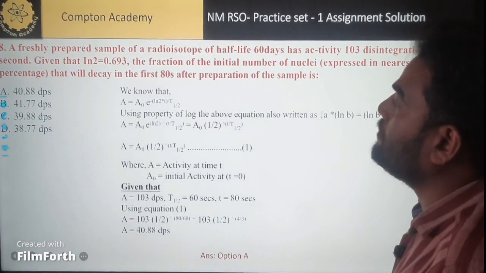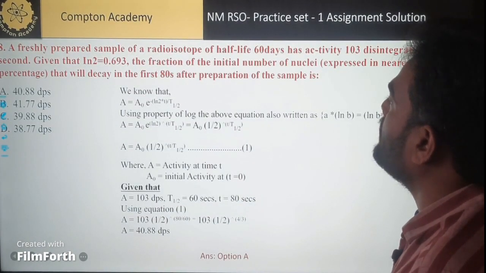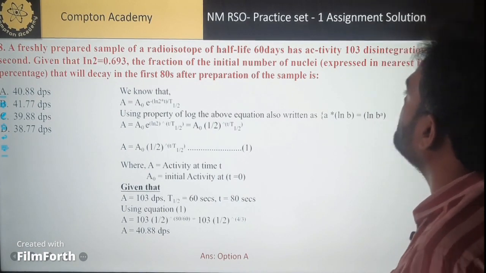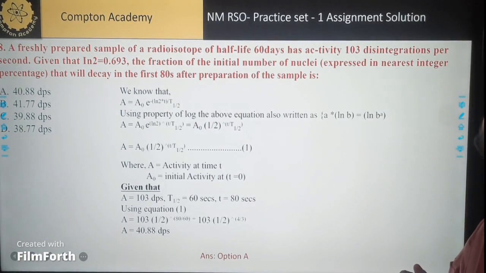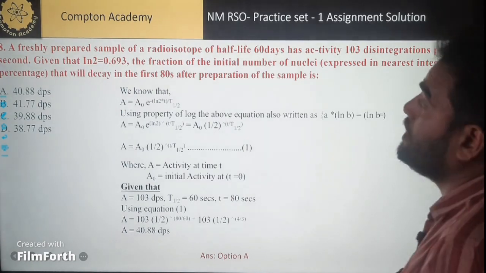Now another 8th number question: a freshly prepared sample of radioisotope of half-life 60 days has the activity 10^3 disintegrations per second.